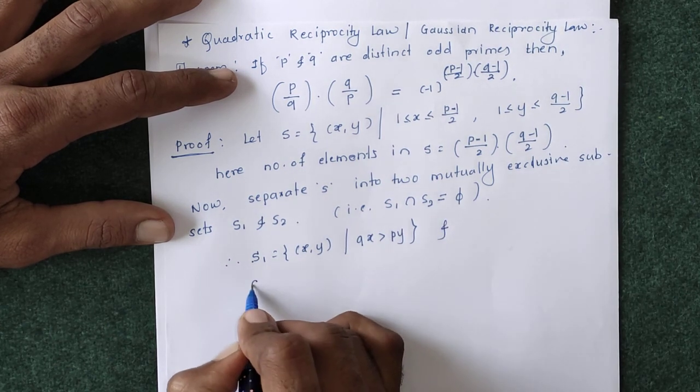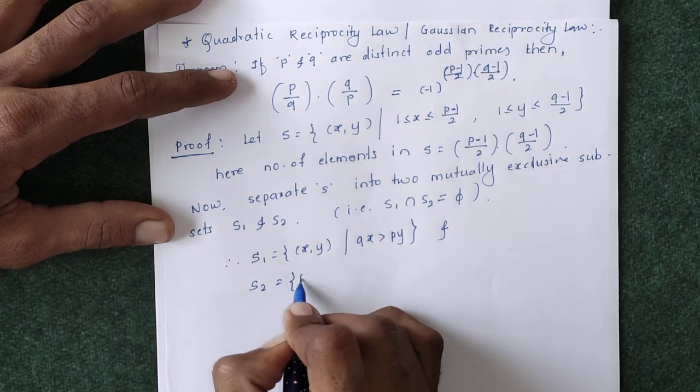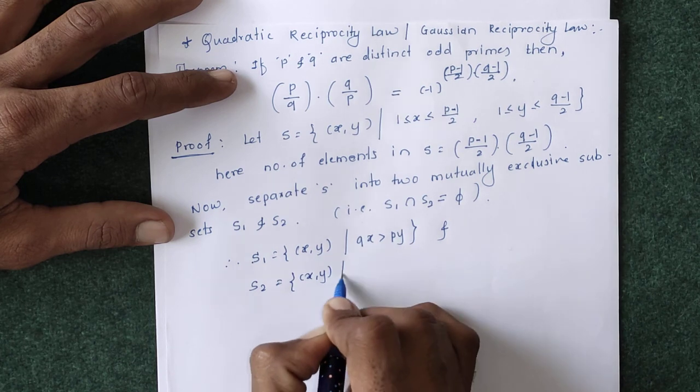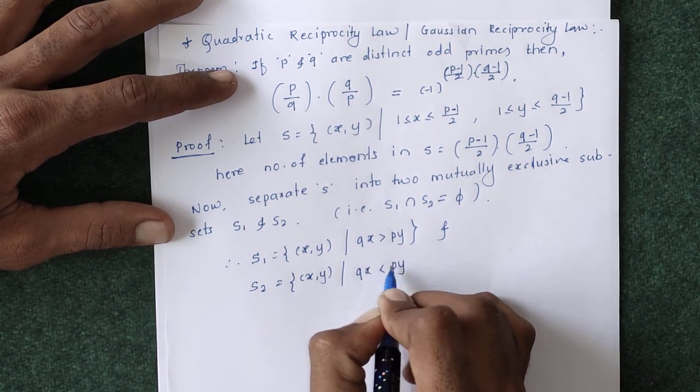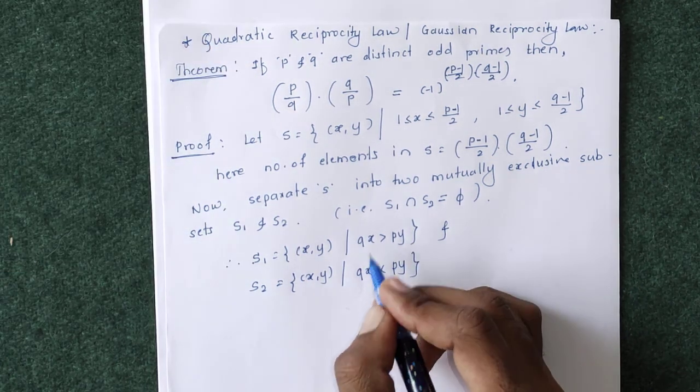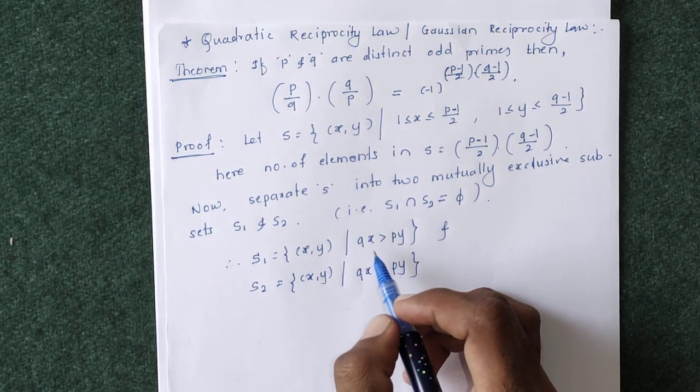We take another set S2, again a subset of S, of ordered pairs in which Qx is less than Py. So these are two distinct subsets of S.